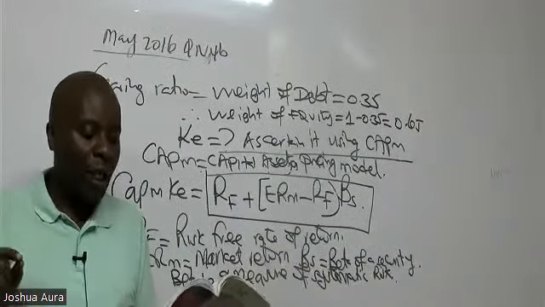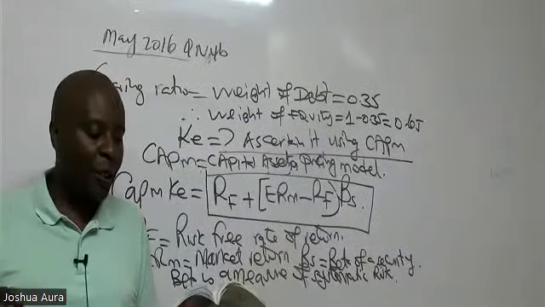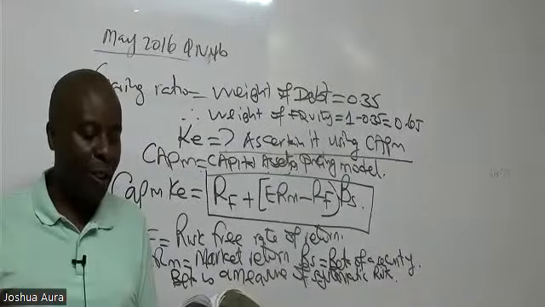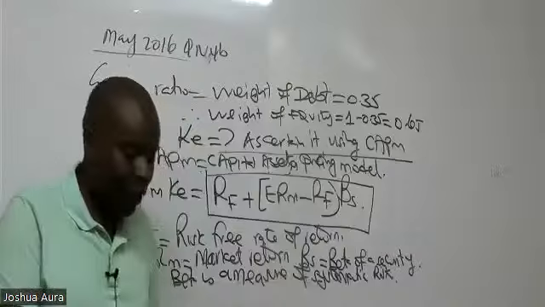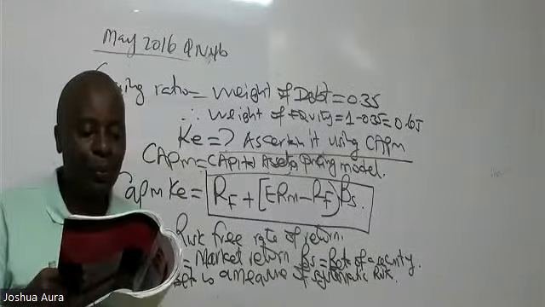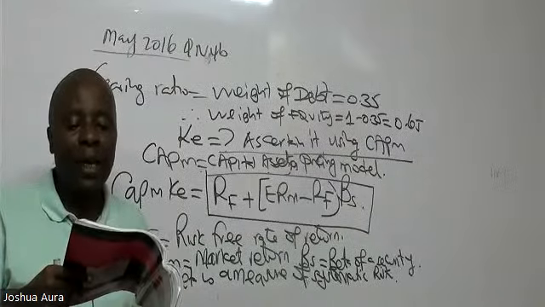After the acquisition, Huge Limited would have a cost of debt of 7.4% before tax and a beta of 1.6. Beta has been provided, 1.6. The risk-free is 6%, and the return on the market portfolio is 11%.